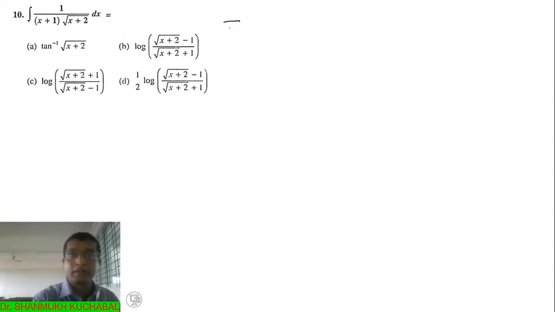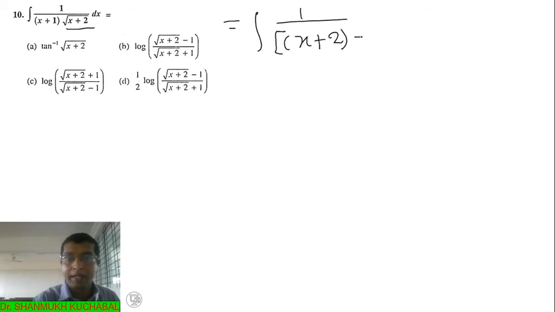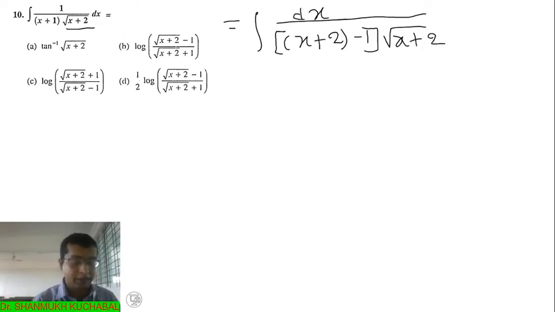It is the integration of 1 divided by x plus 1 into root of x plus 2. According to this, the second function, the first function we balance. So we can write this as x plus 2 minus 1 under the square root of x plus 2 into dx. So further we write root of x plus 2 as a new variable t.